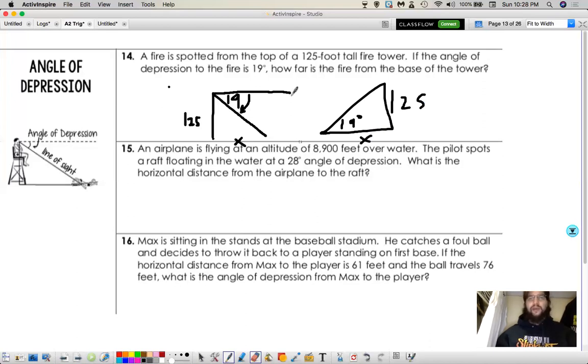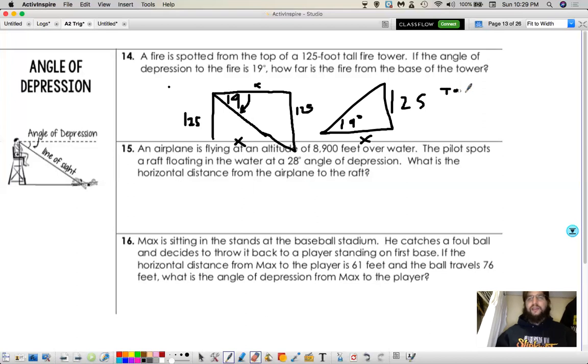Really they wanted you to set it up like this, but it's okay. They're the same triangle here. I like it better this way because it's easier to remember. No worries about using the armpit angle here. It stinks. Anyway, opposite, adjacent, that's a tangent problem.